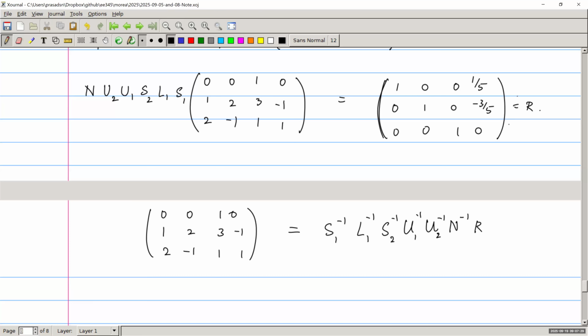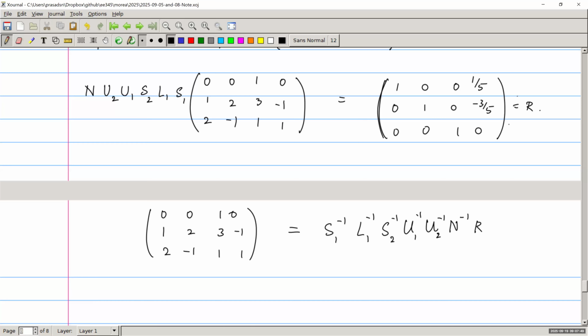It's not generally true, but in this very special case, doing this row operation and then normalizing, or normalizing and then doing the row operations, gives you the same result. It doesn't change the result. So in this very special case, you can move the N around to come here.